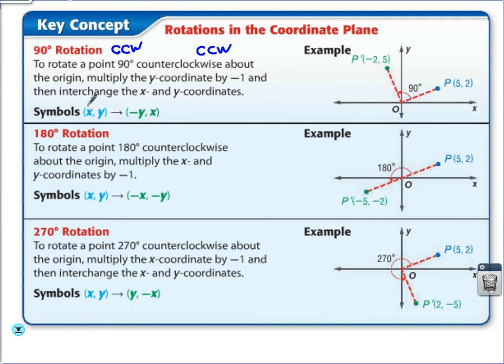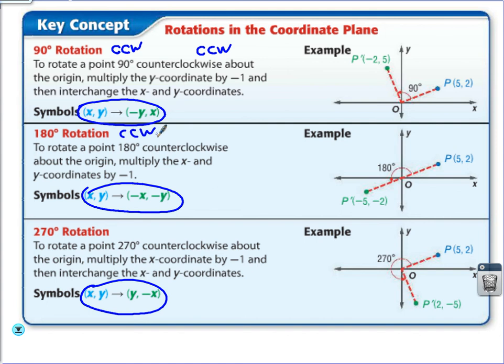Your rule is (x, y) turns into (-y, x). A 180-degree rotation: (x, y) turns into (-x, -y). And a 270-degree rotation, counterclockwise. All three of those are CCW, counterclockwise. (x, y) turns into (y, -x).